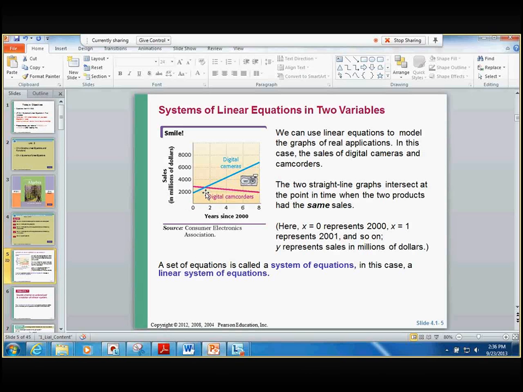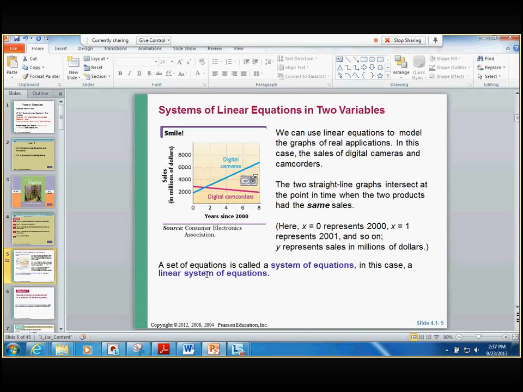That's where the 2 lines intersect. After about 2001, digital cameras took off, and digital camcorders' sales went down. This is a perfect example of where 2 lines intersect, and they might ask you, where's the solution of the system? Where were the sales exactly the same? And you would say somewhere in 2001.